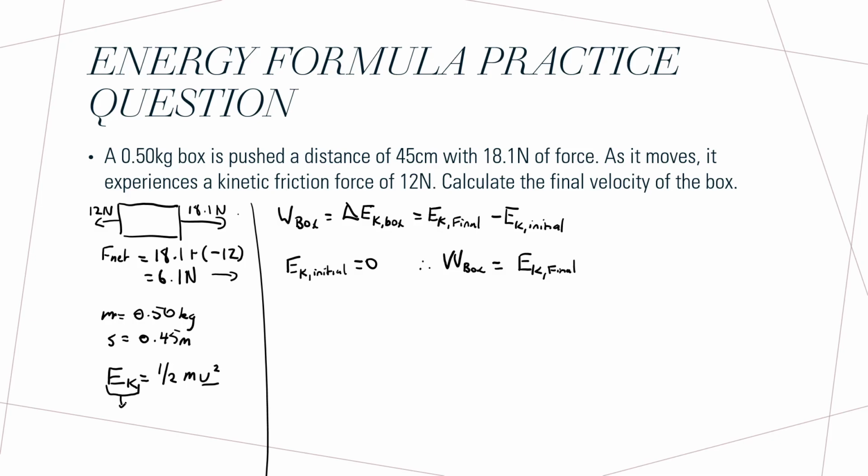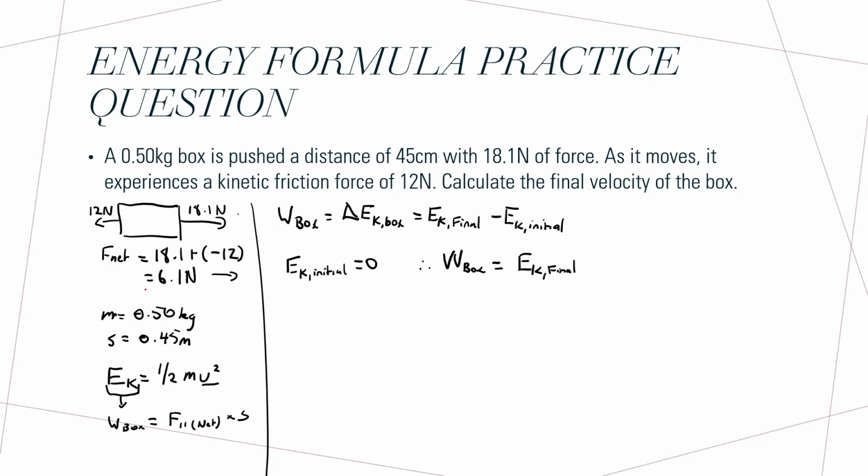What that means is, in the context of this question, we can say that the kinetic energy that we have to substitute in, the final kinetic energy, is going to be equal to the work done on the box. And the formula that we have used previously for work done is the parallel force, which will be the net force that was on the box, times the displacement.